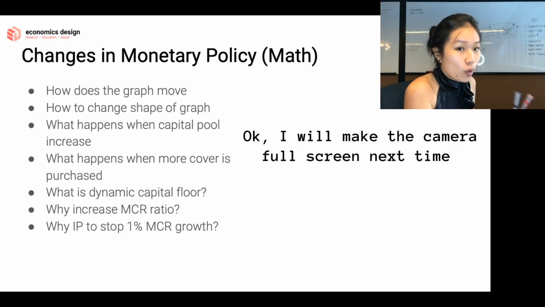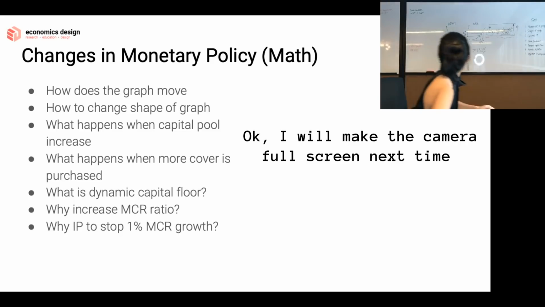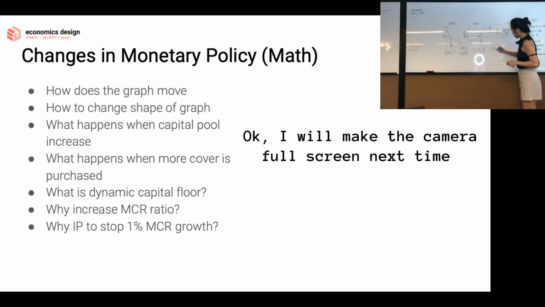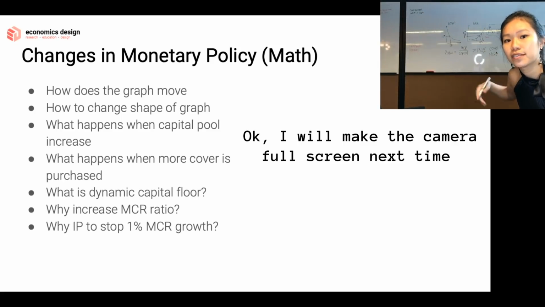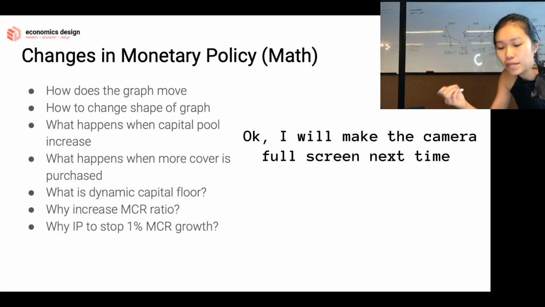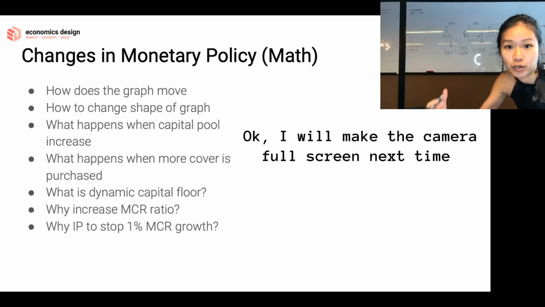Now, what happens when more cover is purchased? Firstly, when more cover is being purchased, your MCR increases, right? Because as more cover is being purchased, the minimum amount of money you need increases, because that's the minimum capital required to cover this cover being bought.